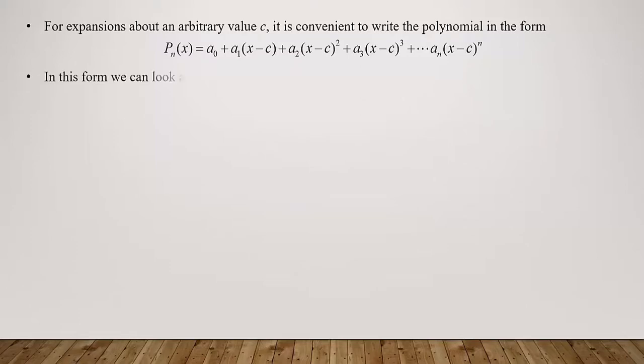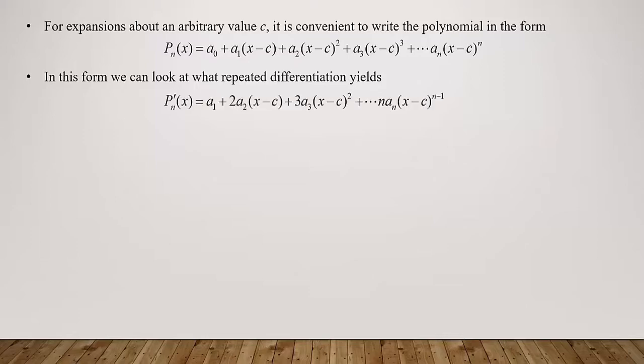So that's our approximating polynomial. We should be able to differentiate that polynomial. So let's look at what repeated differentiation would yield. We're going to start off by doing the first derivative. Well, we know the derivative of a sub 0, that's a constant, that would be 0. The derivative of the second term is just a sub 1.